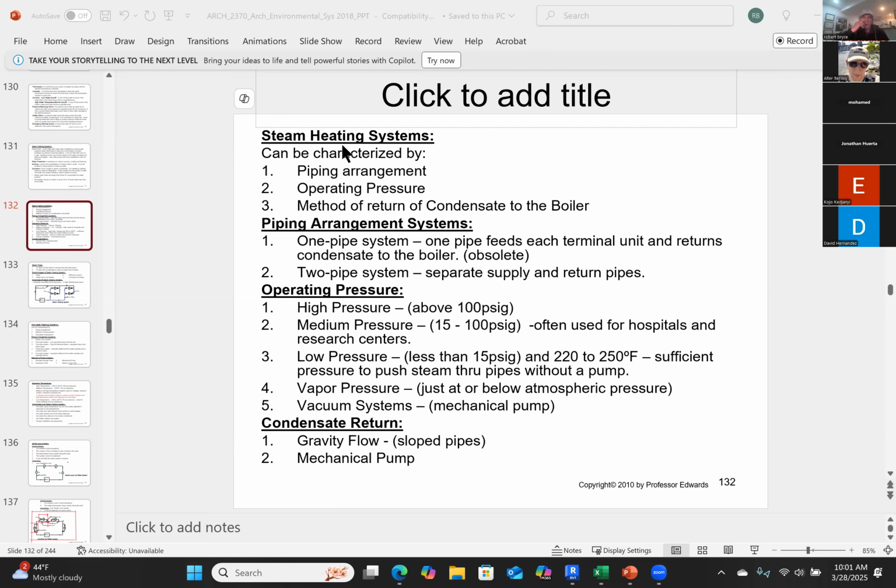But basically what we do is we take water, we boil it to create steam, and then we distribute that steam around our facility. In the process of changing the state of water to steam, it absorbs a great deal of heat. And as we distribute that steam around the facility, we convert it back from steam into water.